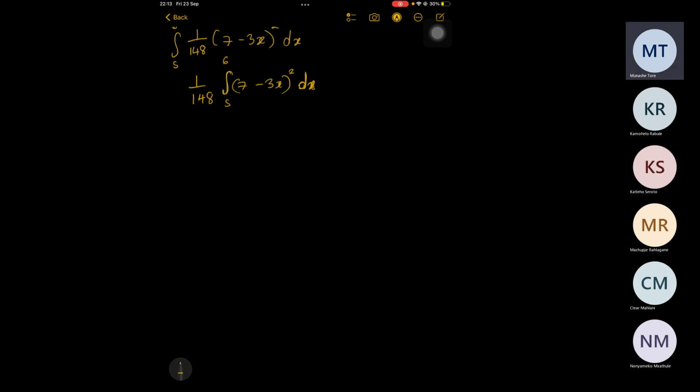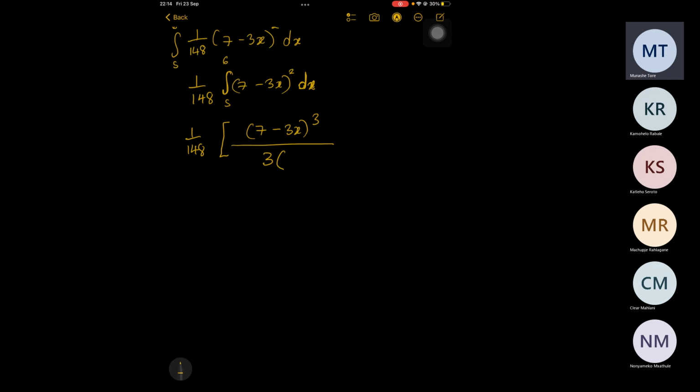So here now it's going to be 148 into, now when we're integrating this, it's plus 1, which is (7 minus 3x) to the power 3. Then you divide by the power, which is 3. Then it's going to be times what?